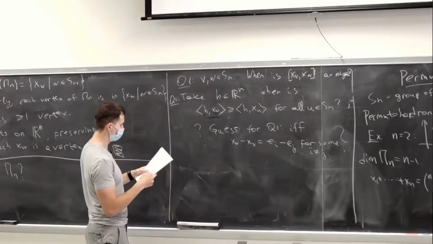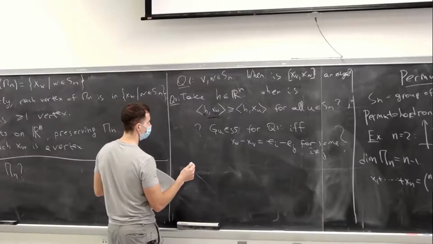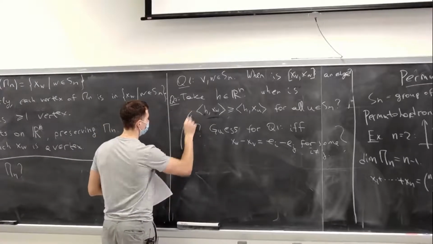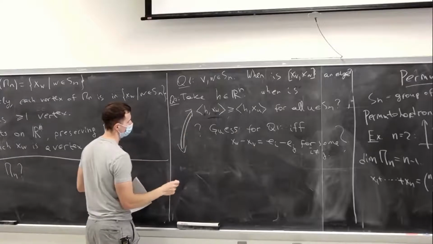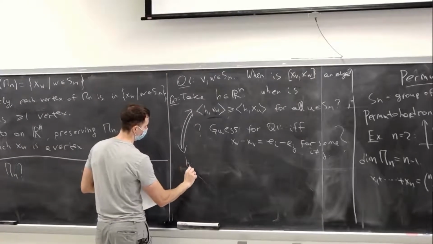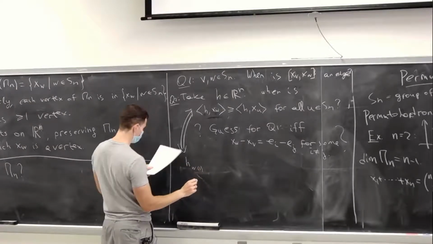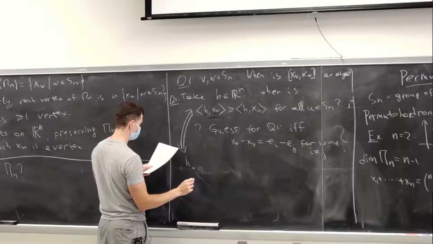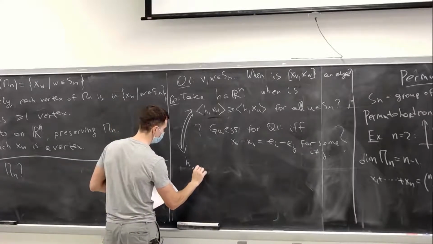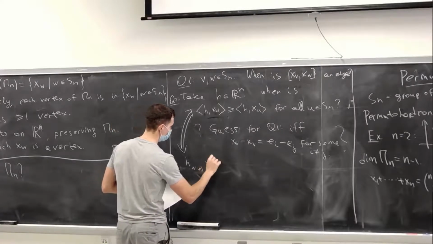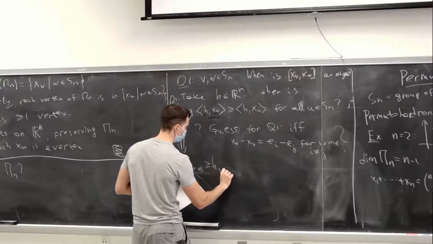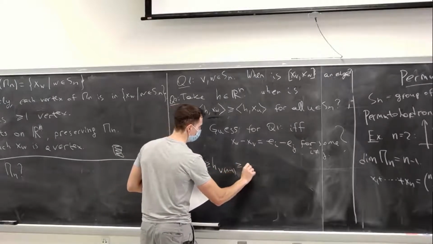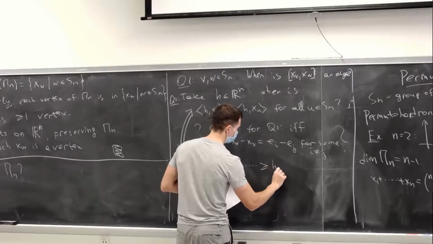And so what I should write down is that this is equivalent to something like h of w of 1, maybe h of w of n is bigger than h of w of n minus 1, down to h of w of 1.